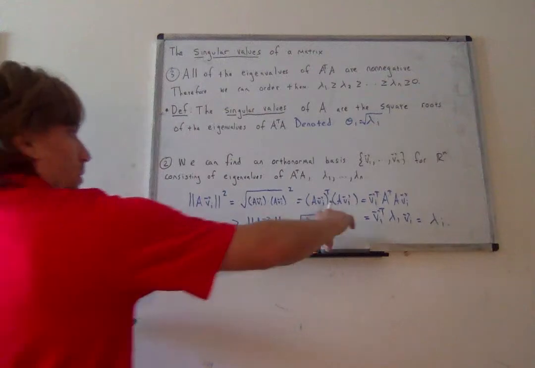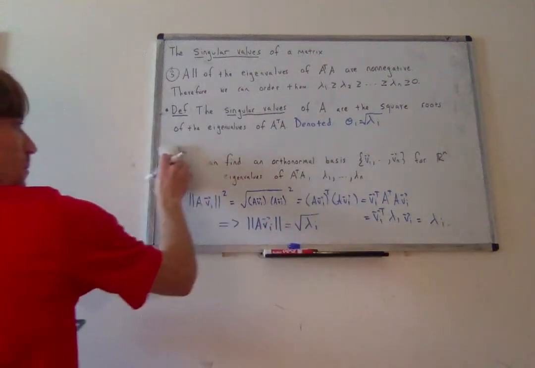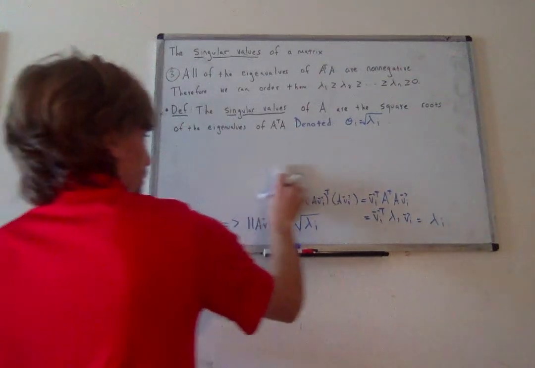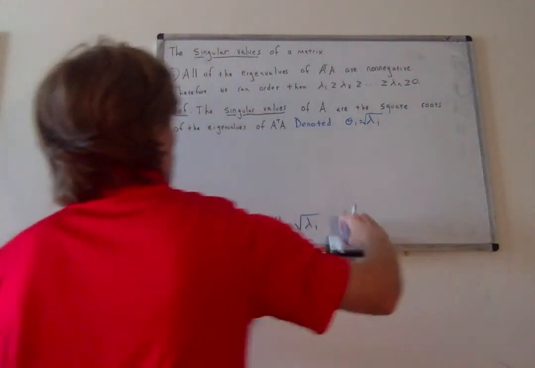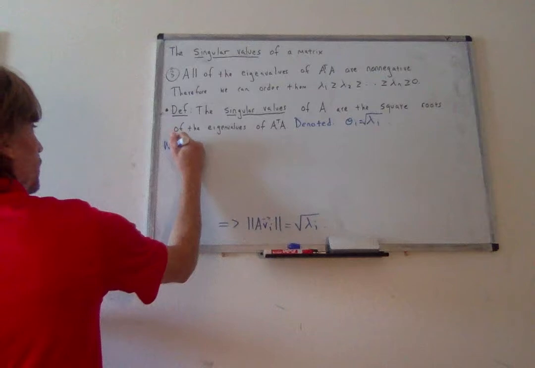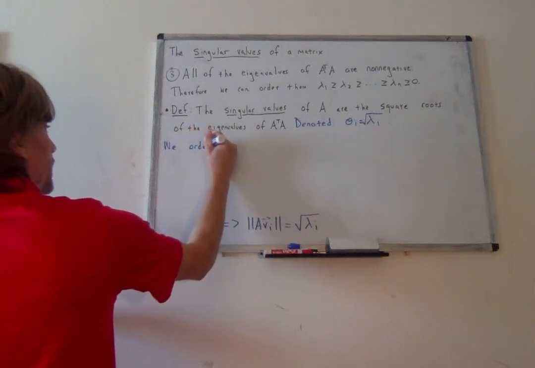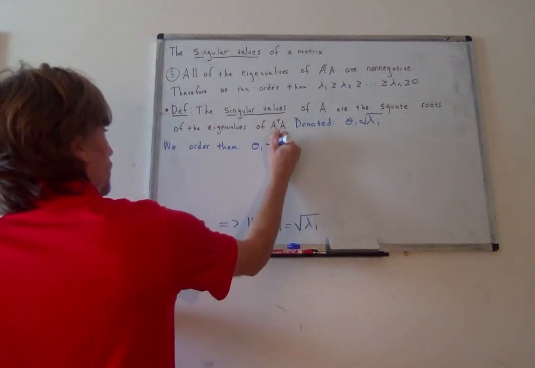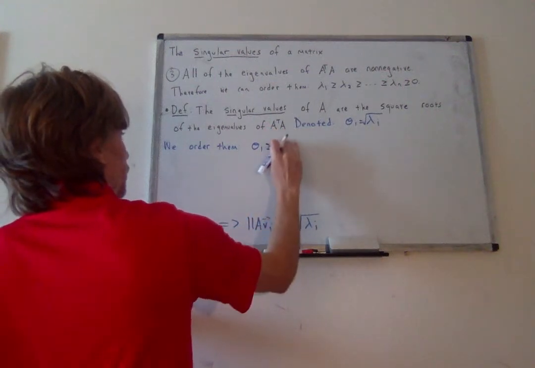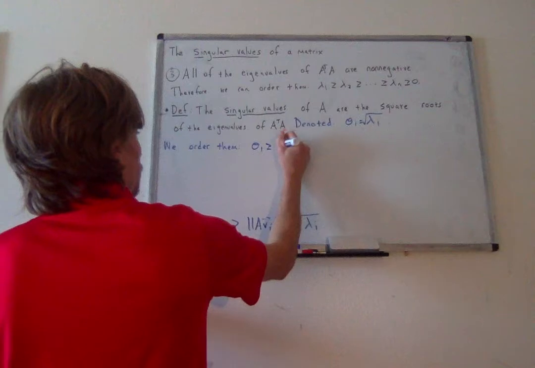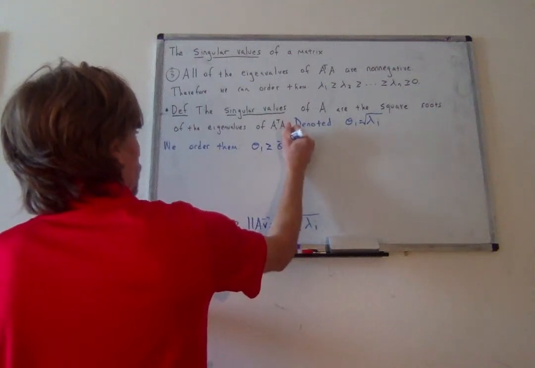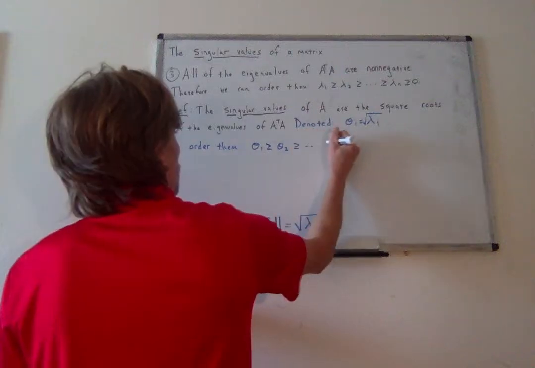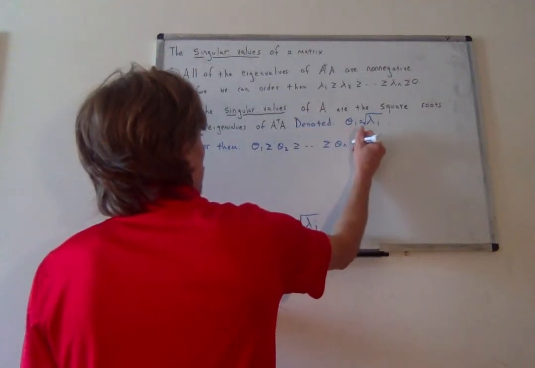And then, much like the eigenvalues of A transpose A, we order the singular values, sigma 1 being the biggest first, sigma 2, these aren't vectors, being the next one, all the way down to sigma n being the smallest.